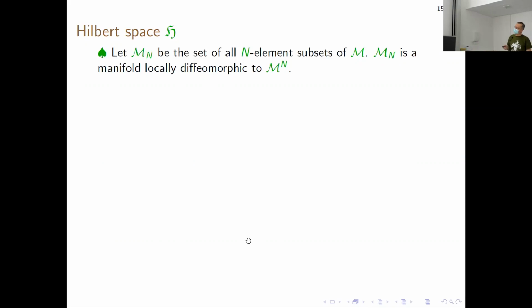Okay, so to do this, I consider the set of all n-element subsets of the manifold M. Let me emphasize that these subsets are unordered. It is possible to show that this set is a manifold which is locally diffeomorphic to the Cartesian product of n copies of M. So the difference between this set and this set is that here the n-element subsets are ordered.